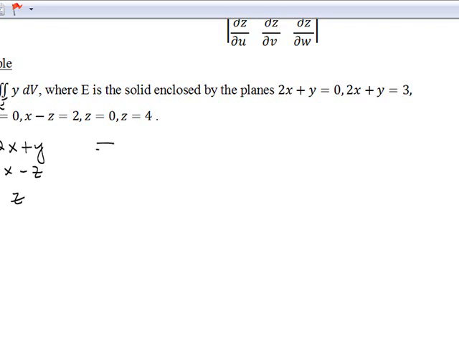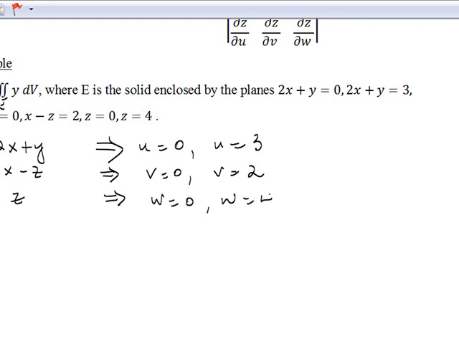Based on this, this transforms to u equals 0, u equals 3, v equals 0, v equals 2, w equals 0, w equals 4.